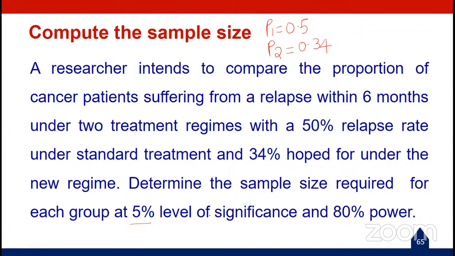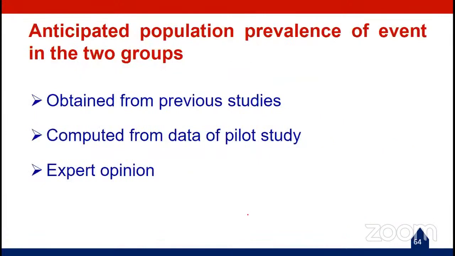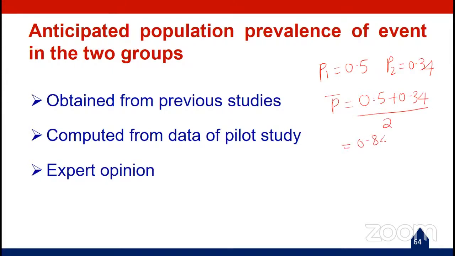They have given 5% level of significance and 80% power. P1 is 0.5, P2 is 0.34, so P bar is 0.5 plus 0.34 by 2, which is 0.84 by 2, which is 0.42.